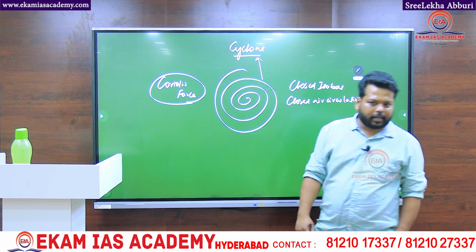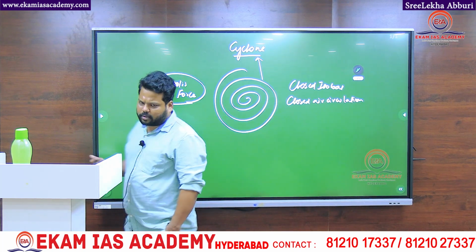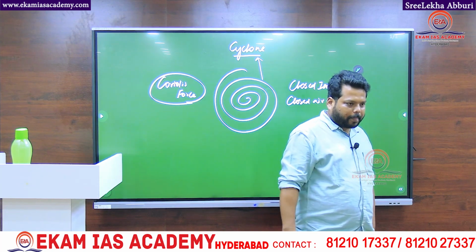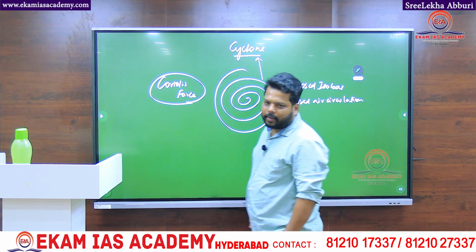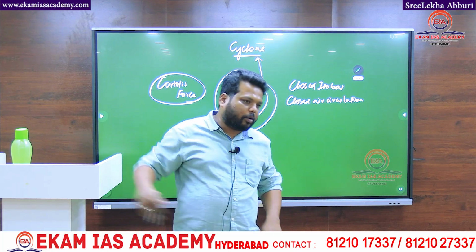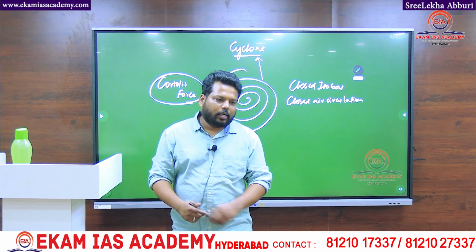Got this point? Clear everyone? Now, as I have discussed, there are two types of cyclones. Yes or no? What are they? Tropical and temperate cyclones. What is the area where tropical cyclone originates? 8 to 20.